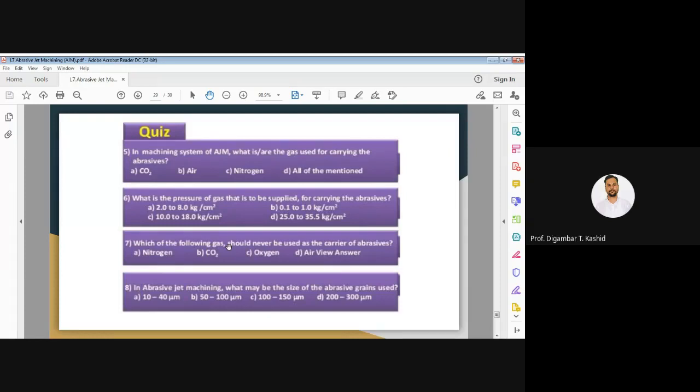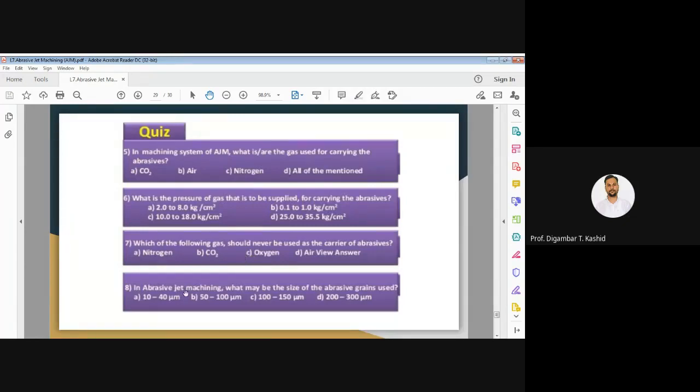Option oxygen. We should not use oxygen as a carrier gas. We can use air. It should be compulsory.